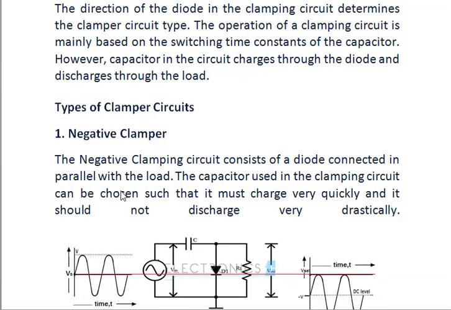What is a negative clamper? A negative clamper circuit consists of a diode connected in parallel with the load resistor. Here this is the load resistor. This is the waveform generator. This is the capacitor. We know very well what a diode is, how it works, what forward bias is, and what reverse bias is.